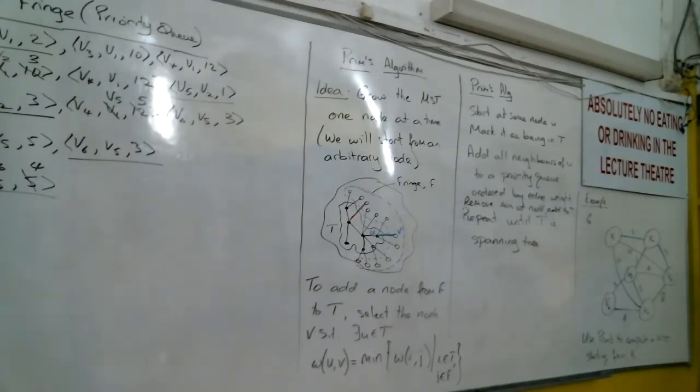Sorry? I don't hear the question. V2, V3, V5. You're talking about on the table or the graph? In the graph? V2? What's the question? Sorry, I couldn't hear the last part of what you're saying.